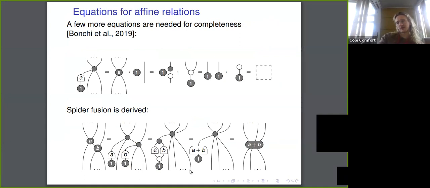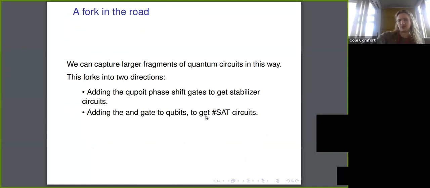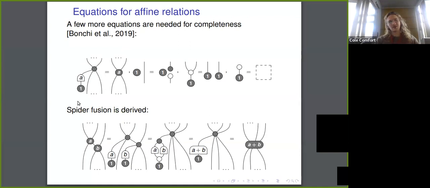You can do things like spider fusion, and this is also complete. Also, in their paper, they don't use phase spider notation, and they don't even use spider notation, but I think it's much nicer. So I think this is maybe where they could benefit from using ZX notation, for example.